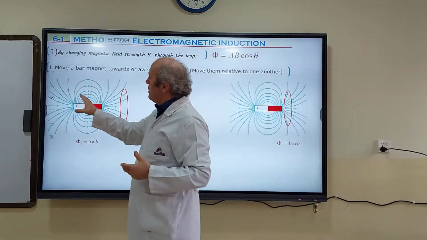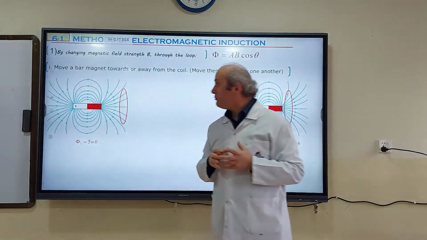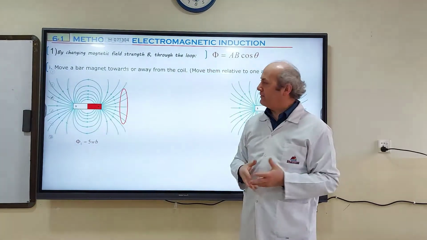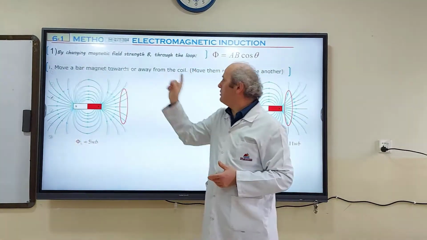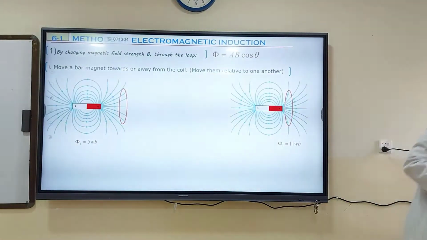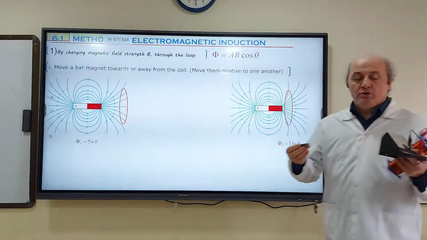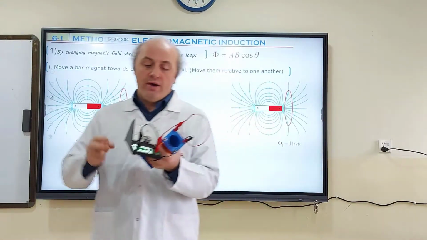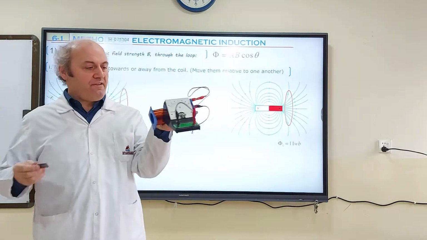To do that, to induce an EMF in a loop or loops of wire, move a bar magnet towards or away from a coil. In fact, I did this experiment with you before. So I am going to now move a bar magnet towards or away from the coil.